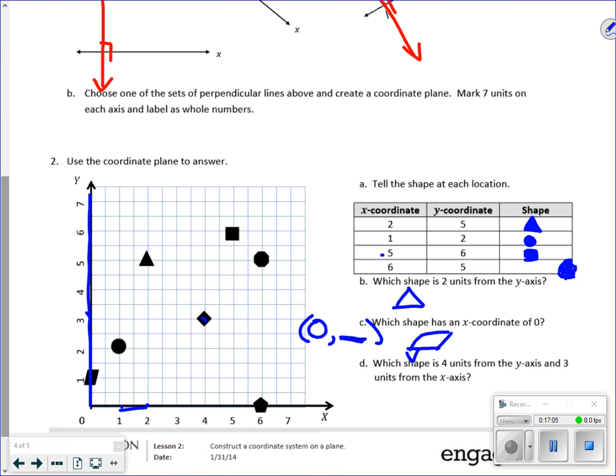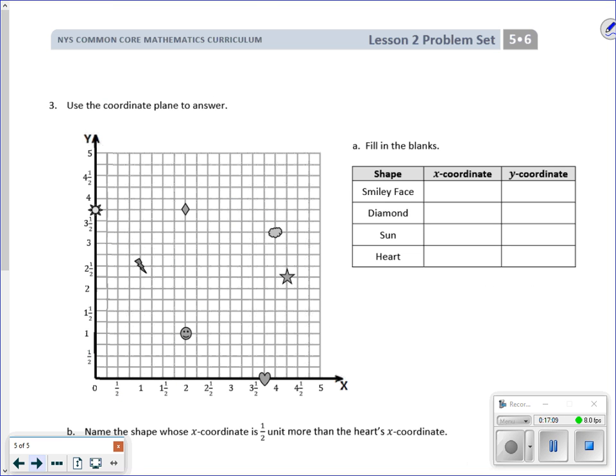But, like Haley did, thank you, Haley. She used up the whole front, and that's okay. If you did not use up the whole front, then you have room. Use your space wisely. If you don't have room, flip it over.